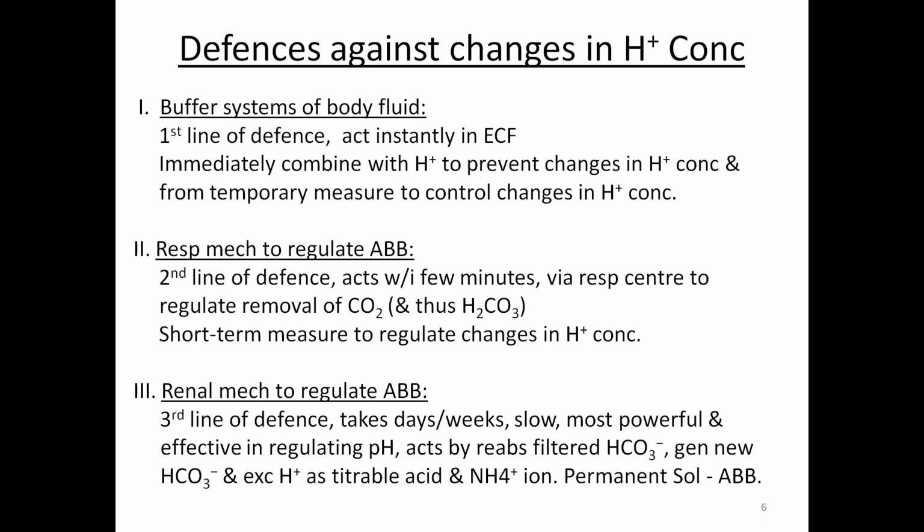The buffer systems form the first line of defense. They act instantaneously in the ECF, and they immediately combine with hydrogen ion to prevent changes in hydrogen ion concentration, and they form a temporary measure to control changes in hydrogen ion concentration.